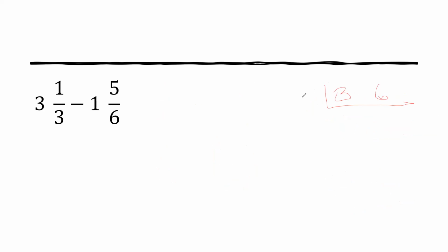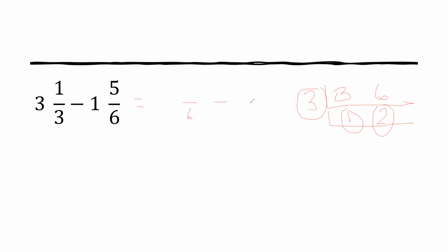Ano makakapag-divide? 3. So that will be 1 and 2. Wala na makapag-divide sa 1 at 2. So multiply tayo. 2 times 1, 2. 2 times 3, 6. So 6 ang ating bagong denominator.